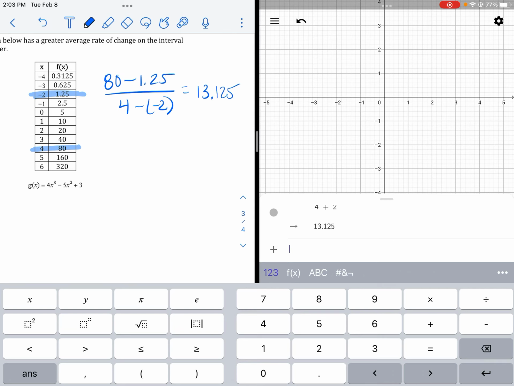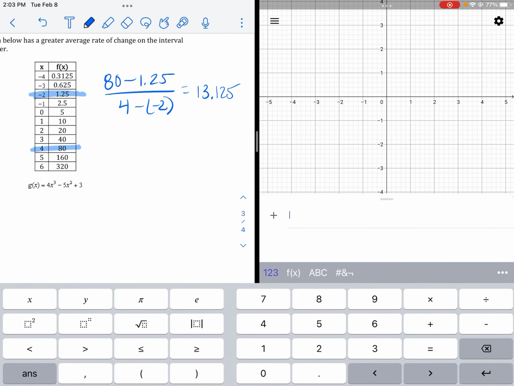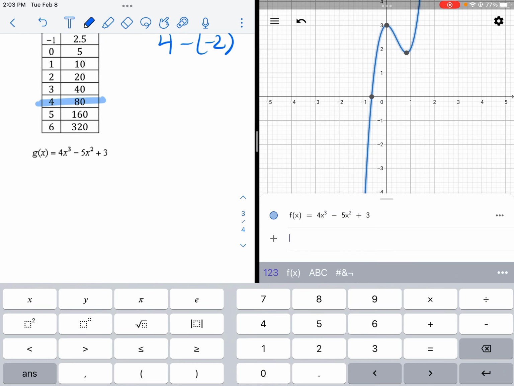For the g function, I might do it the way I did before, or you could just get a table of values for it and do it the same way I just did for the other one once you put the function in. Minus 5x squared plus 3 equals.